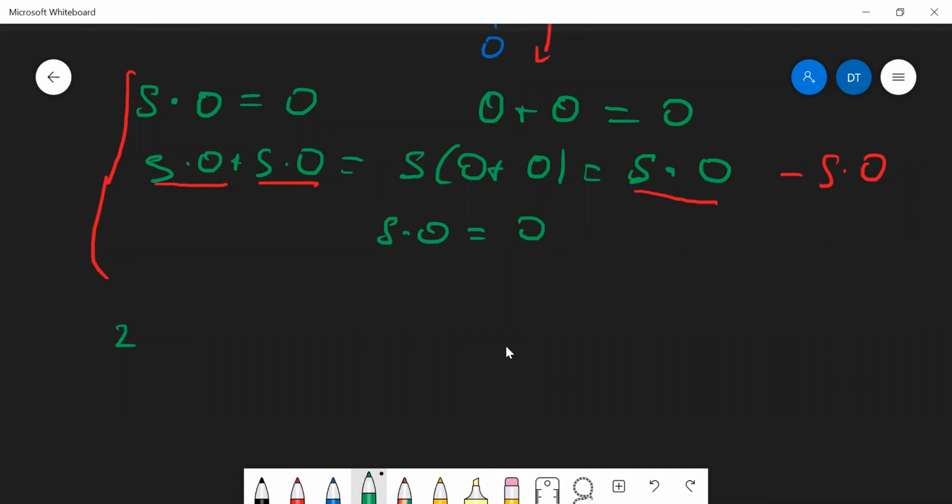So for the second part, we have to show that the image of phi in S is a subring.